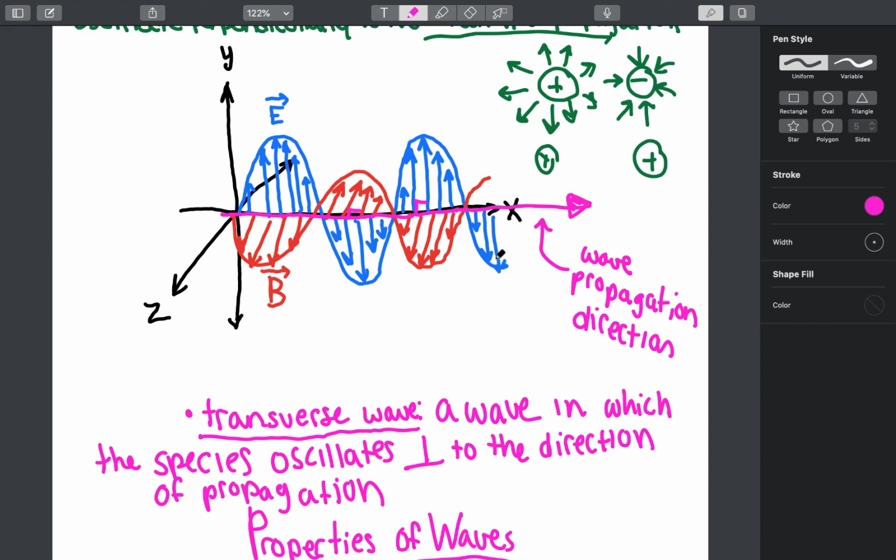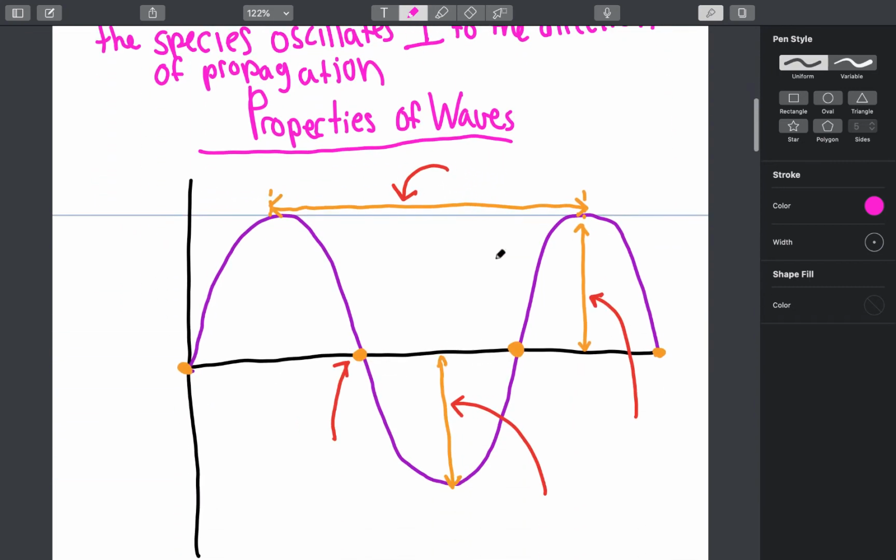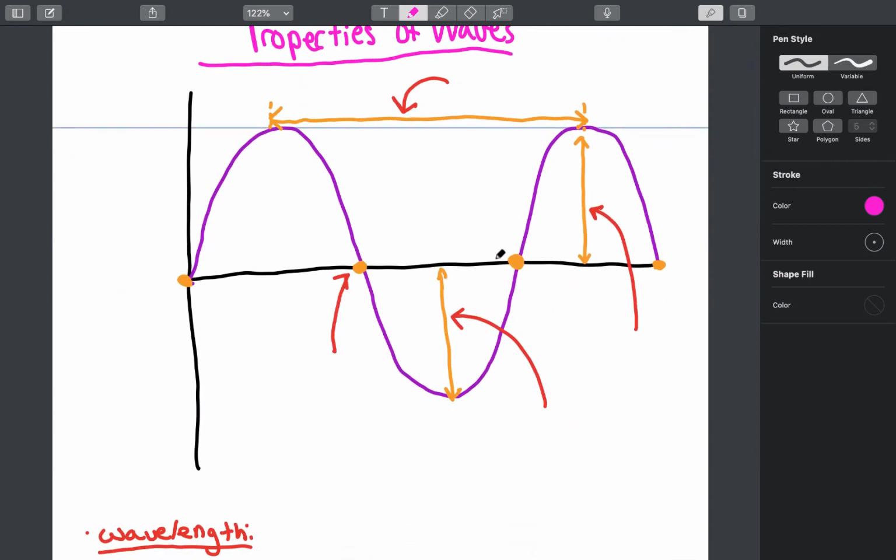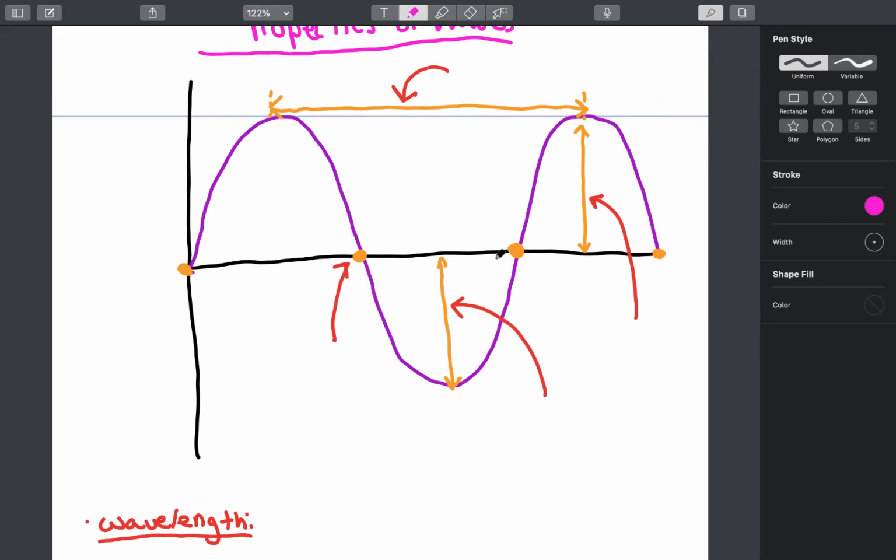So we're talking a lot about waves, right? Well, let's go into the properties of waves. So this is something that you will need to know for general chemistry. So the first thing that we should define is something called the wavelength.